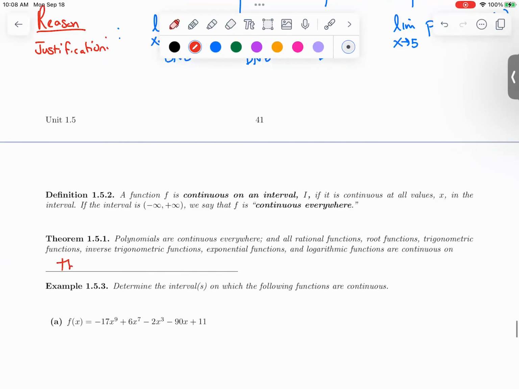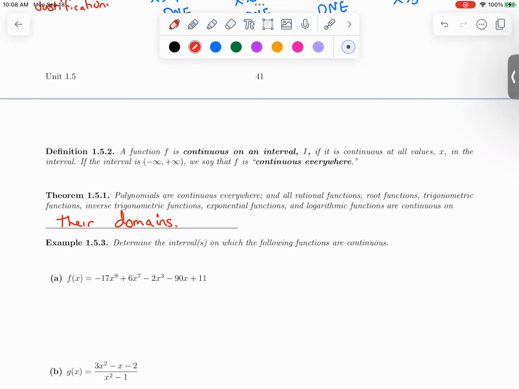You can't have log of 0. But exponential functions are continuous everywhere, so exponential functions are fine. So it's just on their domain. Just like before, when we were finding domains, you're just looking for the problems that would happen. Same thing here. So with part A, it's polynomial, which means it's continuous everywhere.